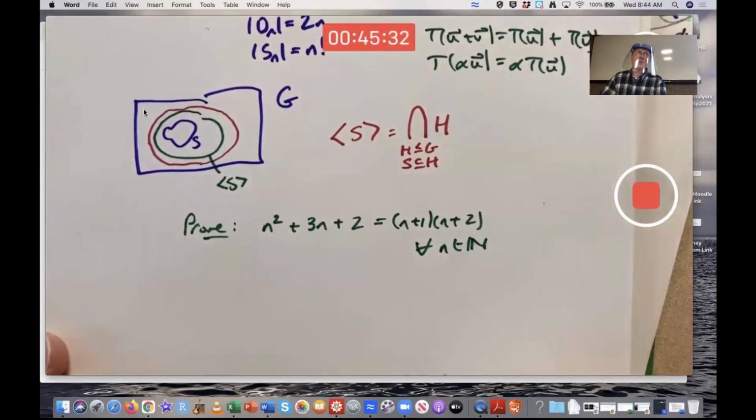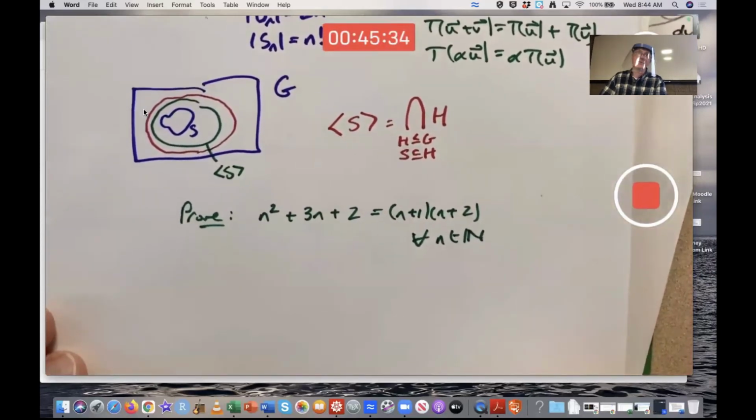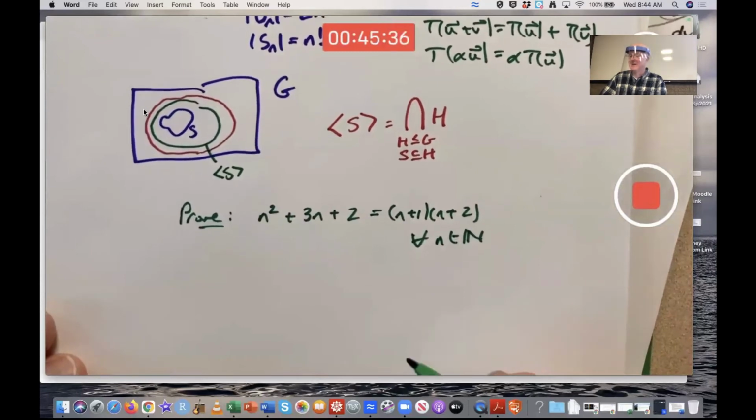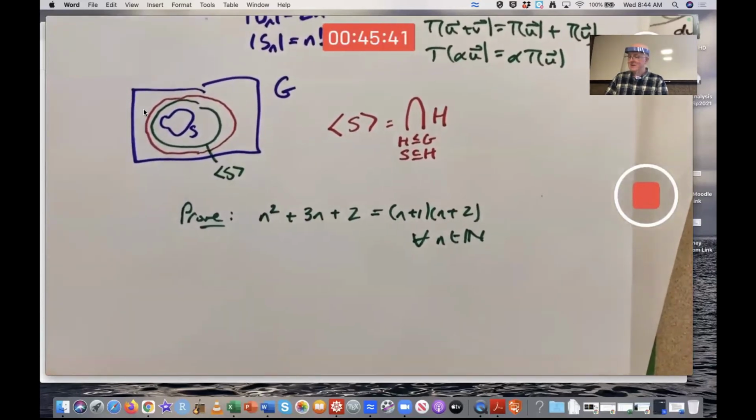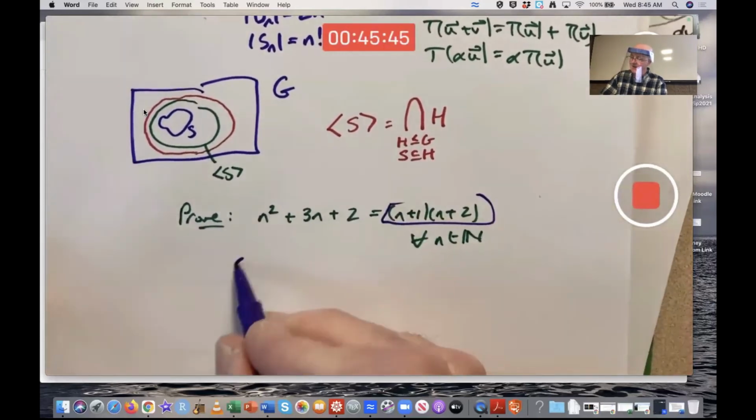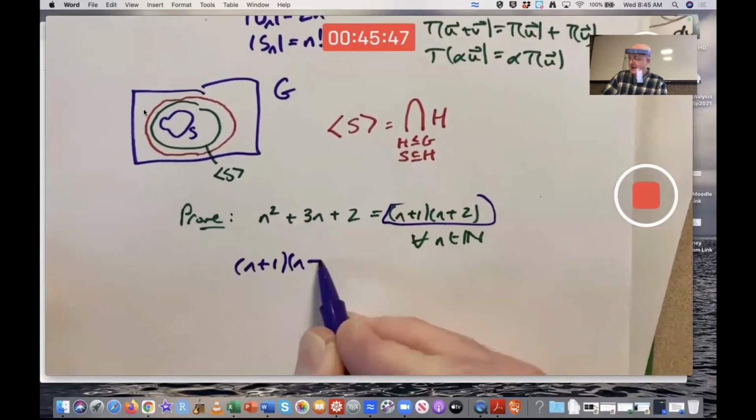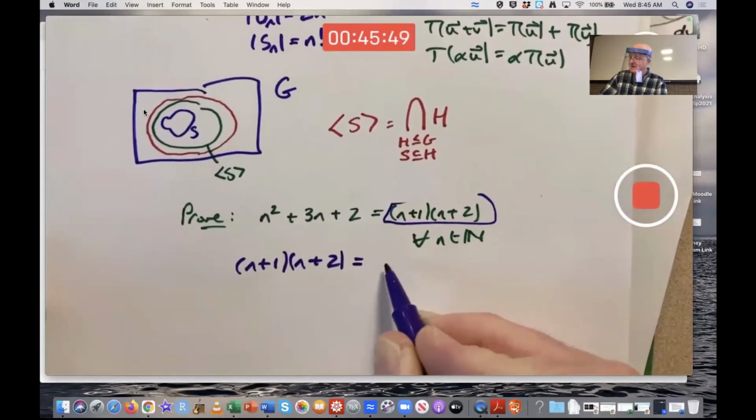It's even true for negative integers, and it's also true for real numbers n as well, but there's no need to use induction because you can just prove it by foiling. You can expand this. Oh, by the distributive property, if you want to be technical about it, I can expand this.